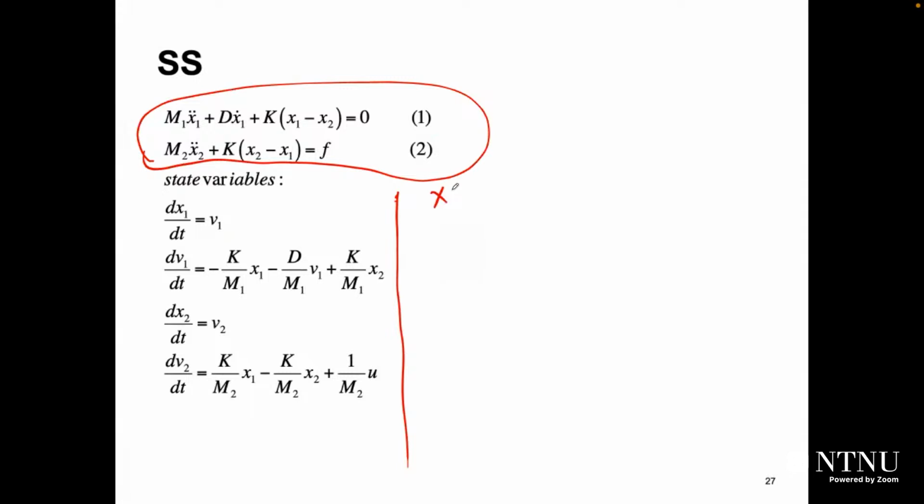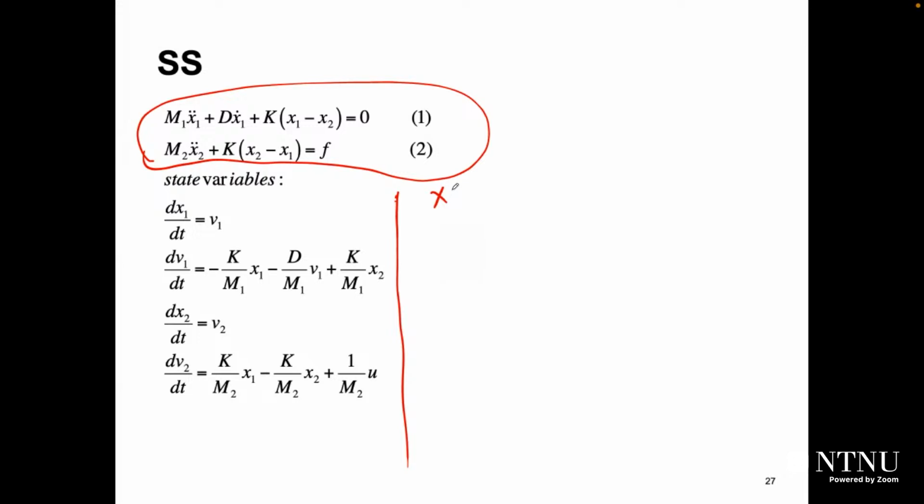We need to give them different names because we already have x1 and x2, so we cannot select x1 and x2 one more time. We will call them x1 and v1.